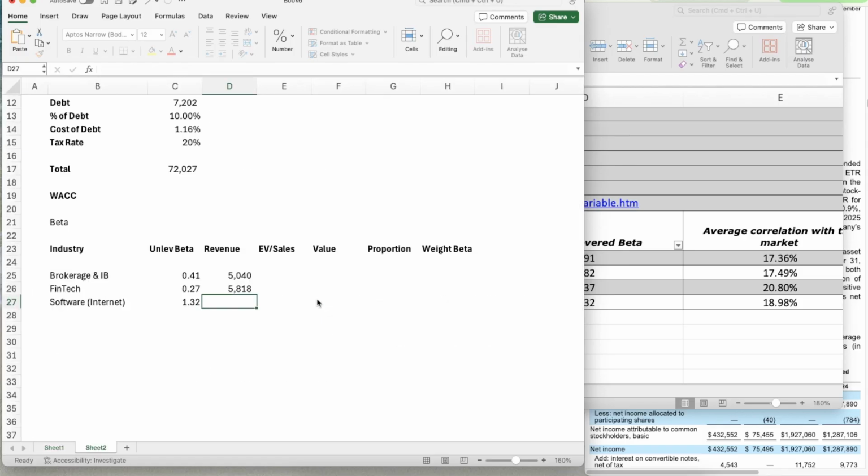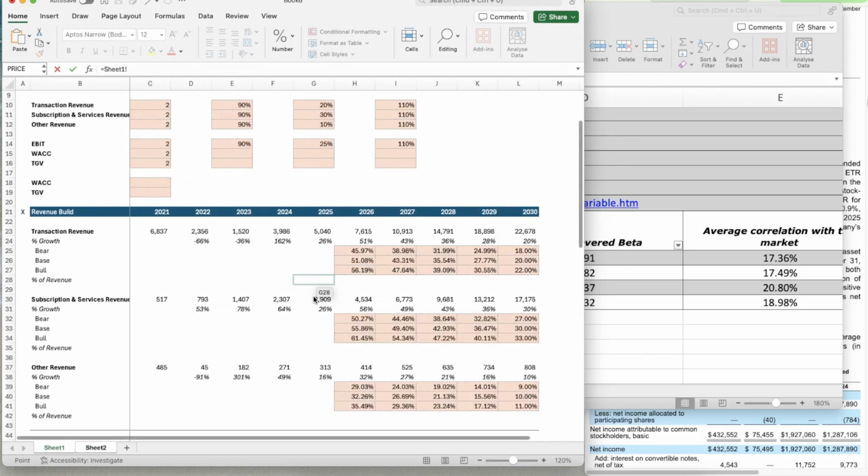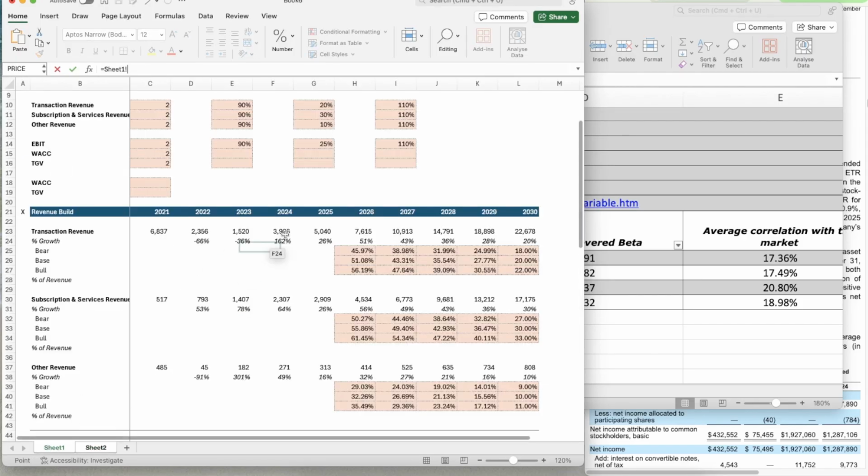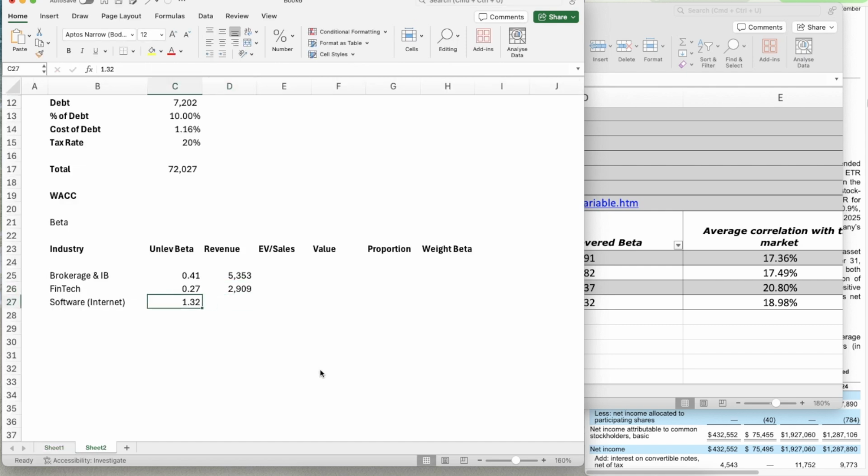Yeah, I think we just do that, then equals, and we put this one as equal to transaction revenue, other revenue. We don't need software and internet.